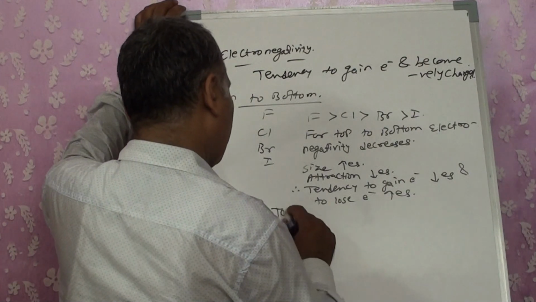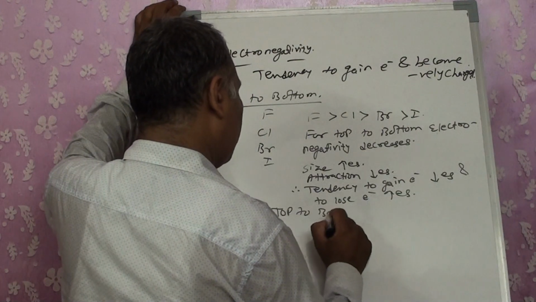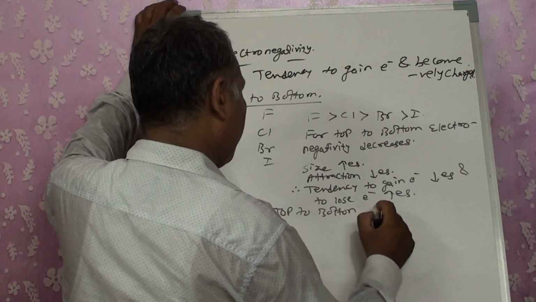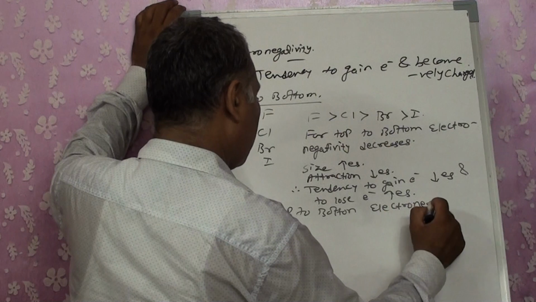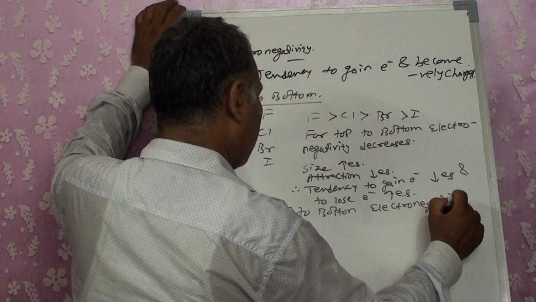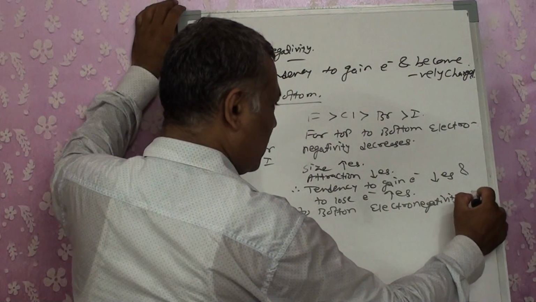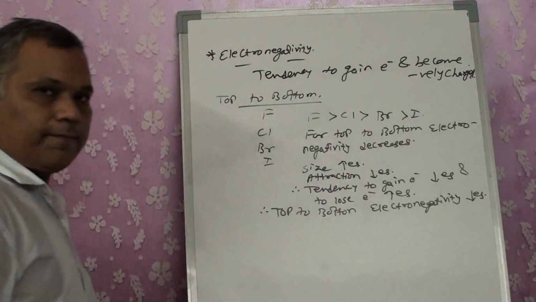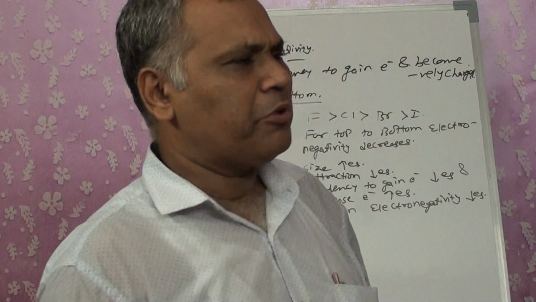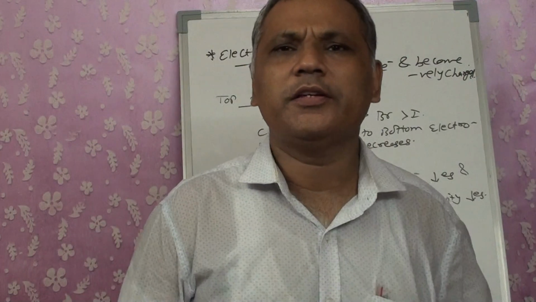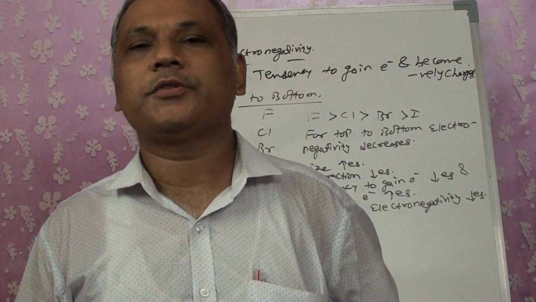Therefore, from top to bottom, electronegativity decreases. Right? Okay. The one positive factor of electronegativity is that it doesn't have any exceptions.